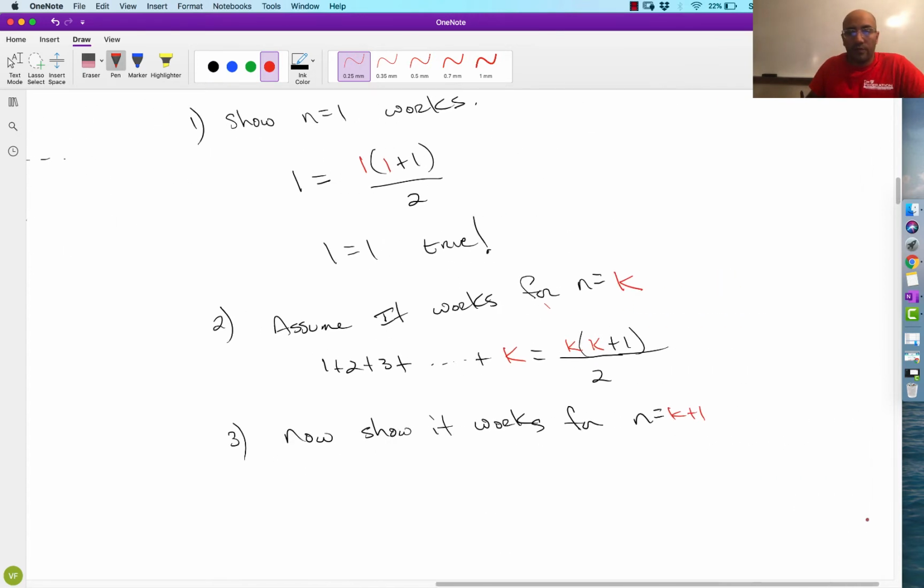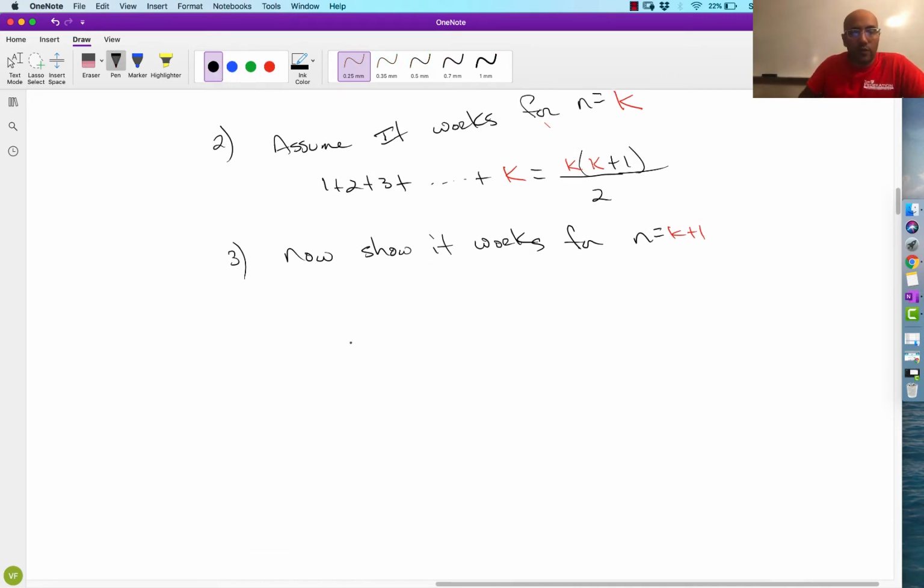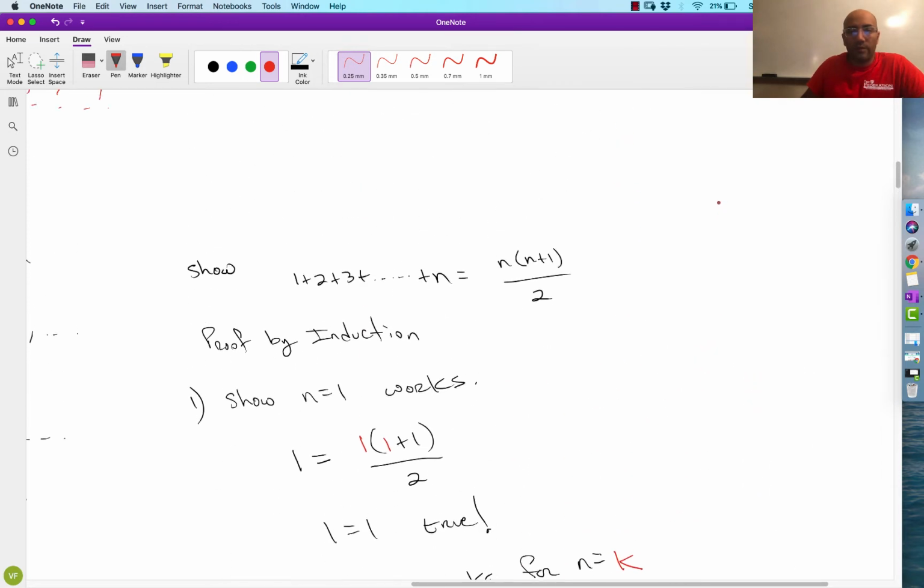Good? Okay, so that means we want to show that 1 plus 2 plus 3 plus dot dot dot, and then way out here we have the k, and right next to it the one that comes next, which is k plus 1, is equal to, plugging into my formula, k plus 1 times k plus 1 plus 1, all over 2. That's just replacing k plus 1 into my formula.